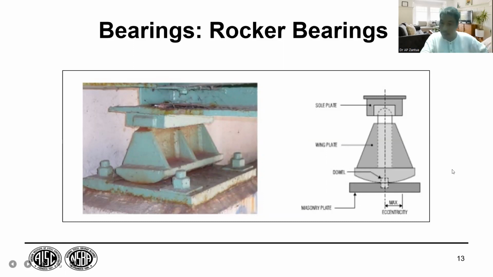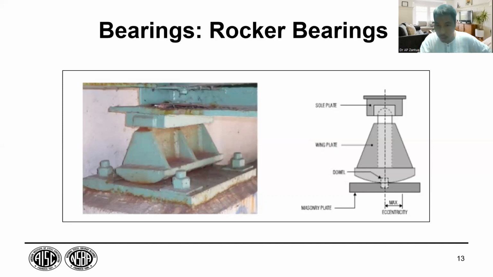Dowel: it looks like a key, so that it could prevent sliding. That is the purpose of the dowel. But the dowel itself is smaller, so it allows a little bit of play, a little bit of motion. It is called a wing plate because it is flapping side to side.